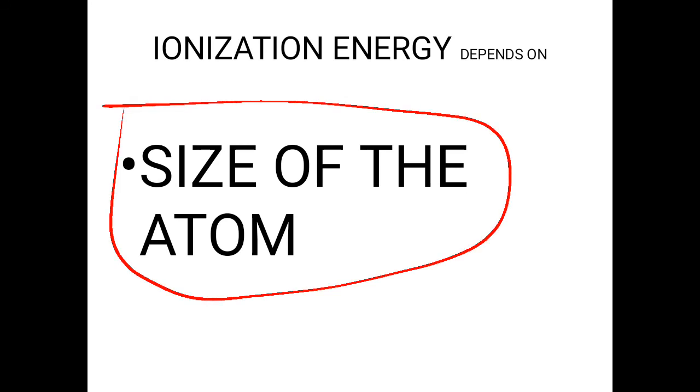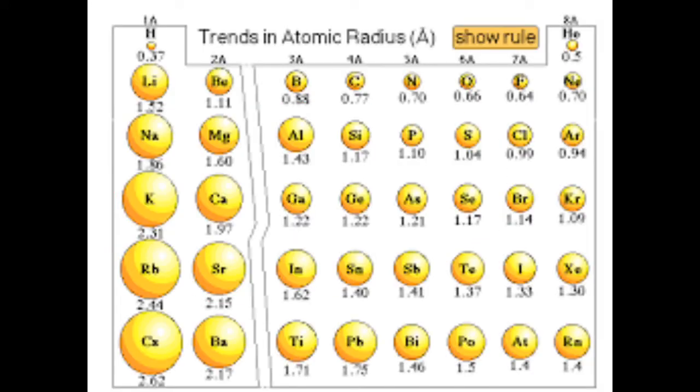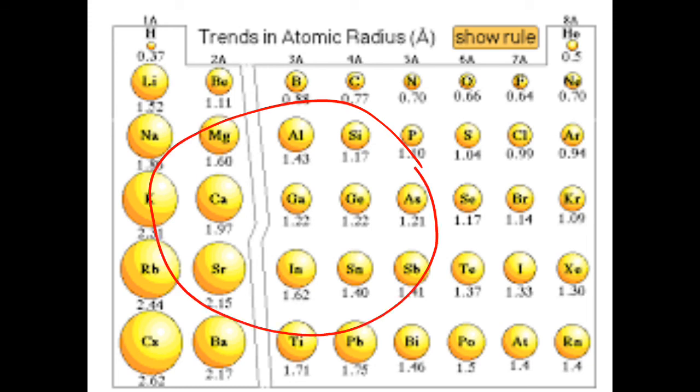Why is this so? The atoms are getting larger down the group and they are shrinking in size across a period. Now as the atom gets larger, like this much, the outermost electrons are least attracted by the nucleus. So to remove the outermost electron from a larger atom is very easy as compared to an atom which is smaller in size like lithium.